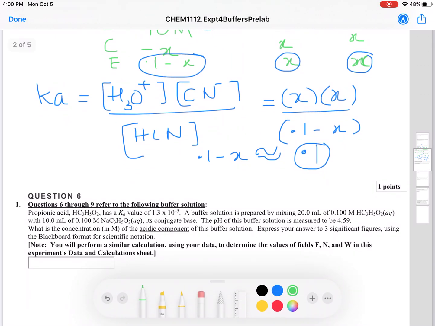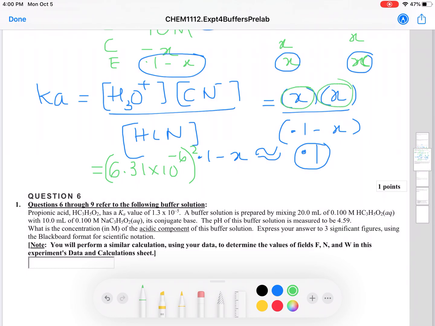So the Ka therefore would be 6.31 times 10 to the negative 6. That's the hydronium ion concentration, and it's the same for the cyanide. So you can raise this to the power of 2, since both of them are the same amount.